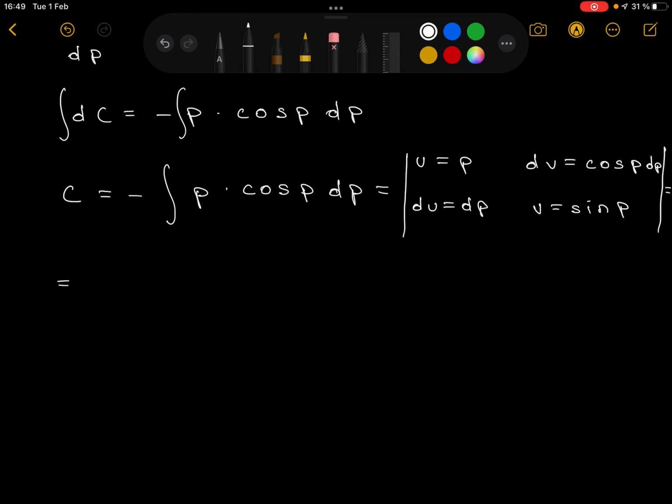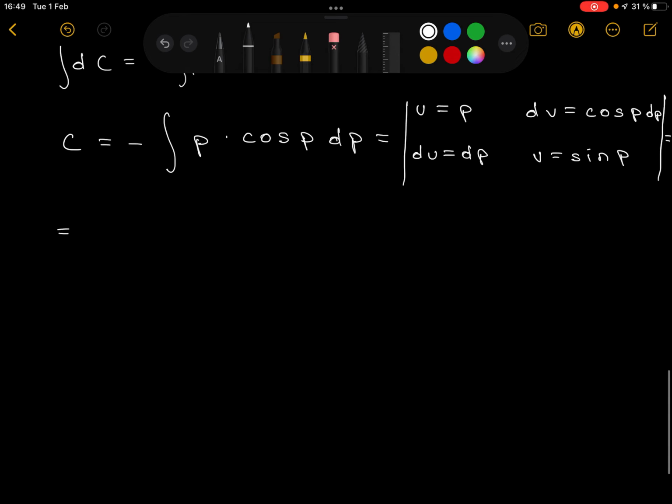Okay, so now we're going to get minus uv, that will be minus p times sine p, and because of the minus in the formula, that's going to be a plus the integral of sine p dp.